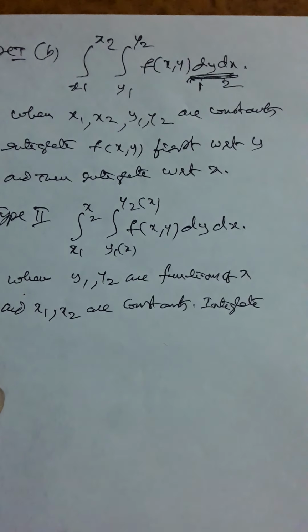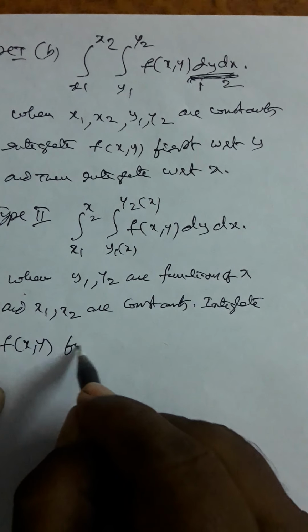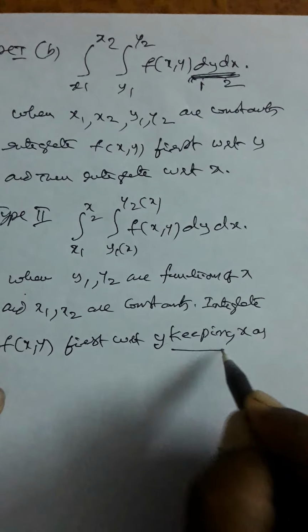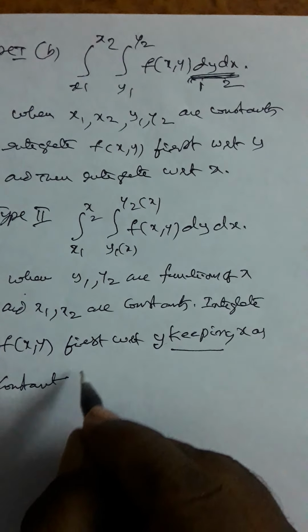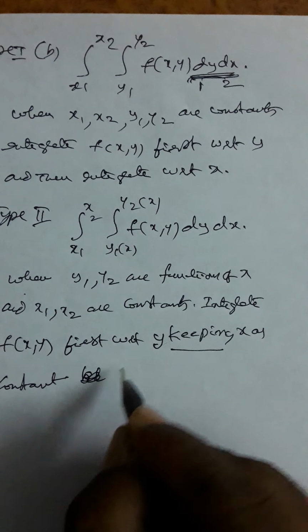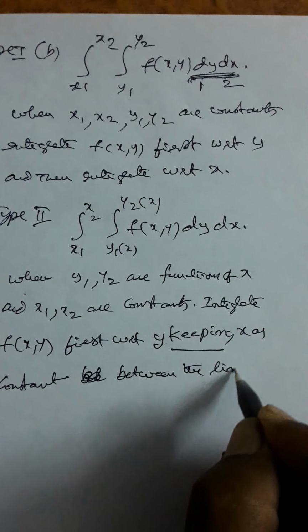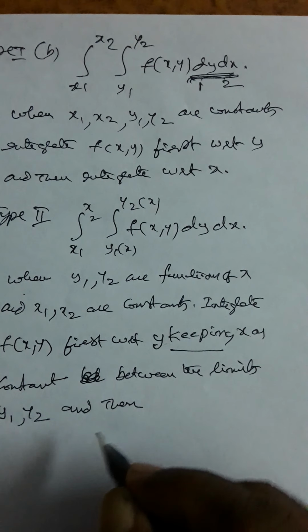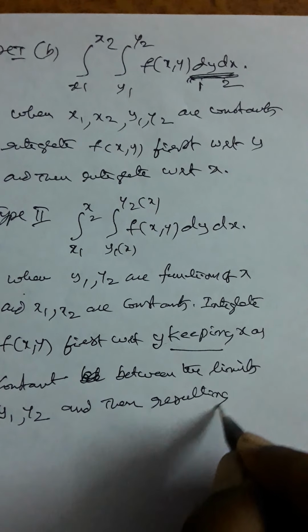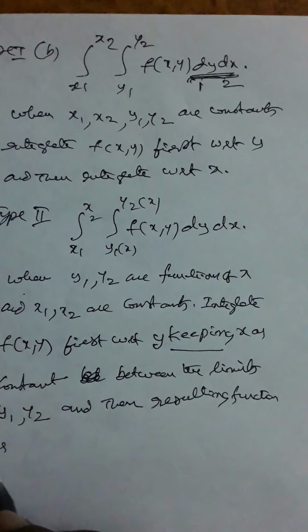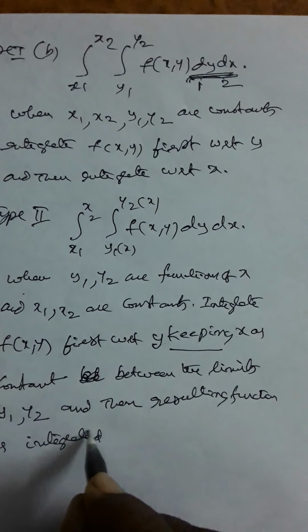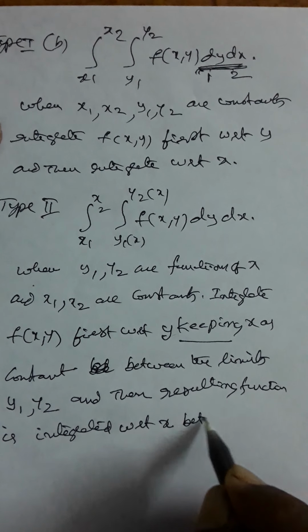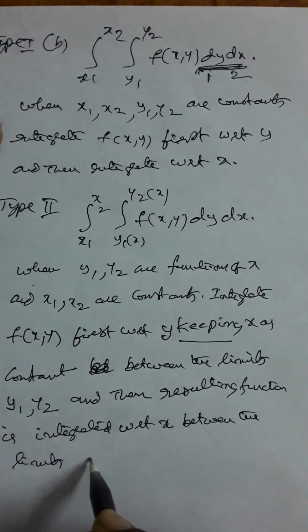Integrate f of xy first with respect to y, keeping x as constant, between the limits y1 comma y2, and then the resulting function is integrated with respect to x between the limits x1 comma x2.